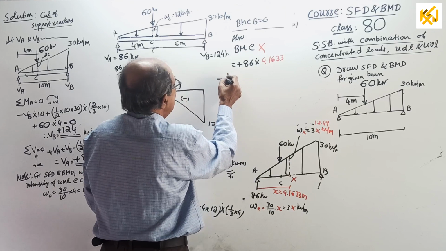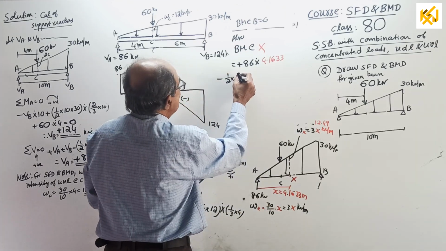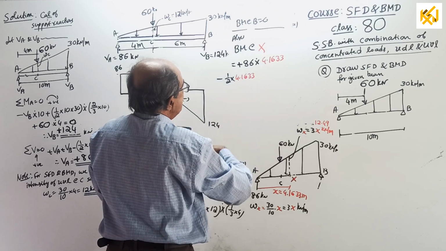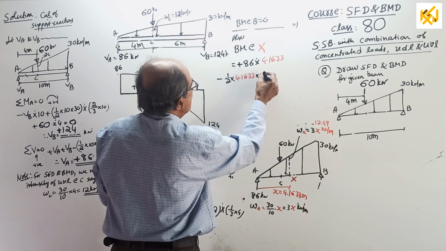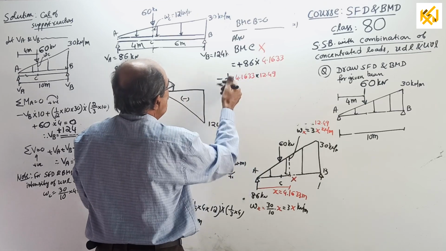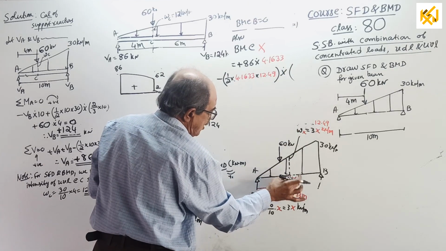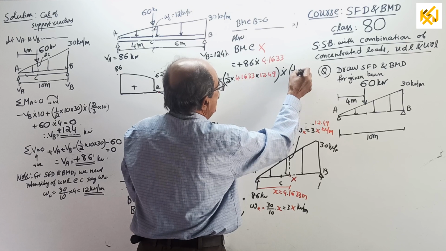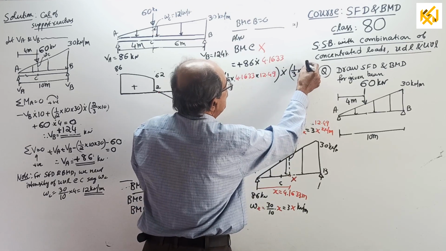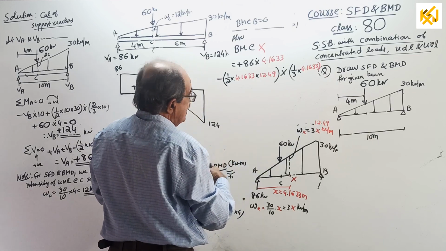So minus half into base, 4.1633, into height, 12.49, which is the total load, multiplied by 1/3 of this distance, that is 1/3 of 4.1633. Close the bracket. Not over.